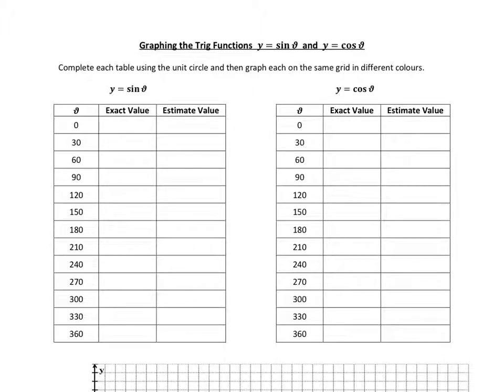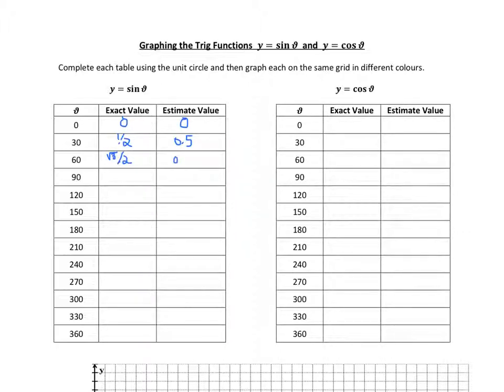So for example, for y equals sine theta, the exact value of sine 0 is 0. So the estimate would also be 0. The exact value of sine 30 is 1/2. We'll write that as 0.5 in the estimate value column. The exact value of sine 60 is root 3 over 2.